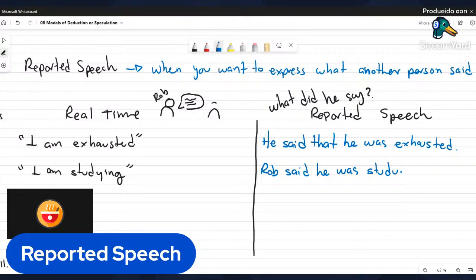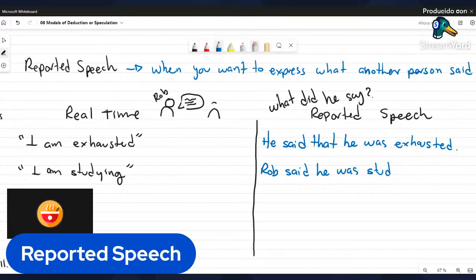It says Rob said he was studying. I think I'm spelling the words slowly not because I'm making a mistake, but because it's coming after. I'm sorry for that. Okay, let me draw this here. There you go. We got it. Studying. That's the correct way to write it.